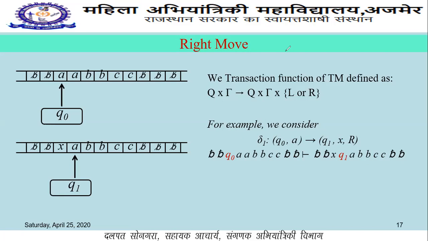Okay, as we know, whenever the read write head reads or writes over the input tape, it moves either left hand side or right hand side. So here we understand how the left and right moves occur or are performed during the computation in a Turing machine. So first we discuss right move, after that we discuss left move.